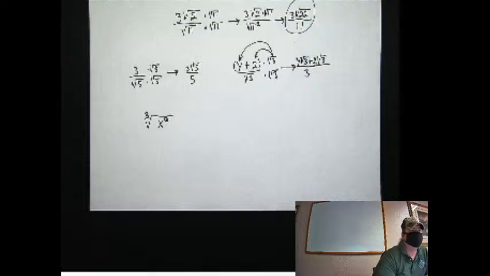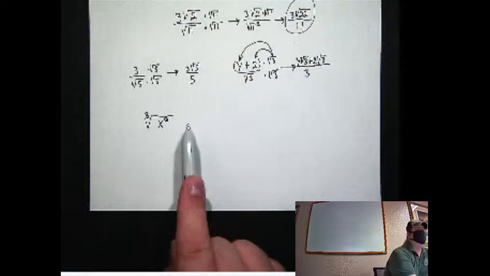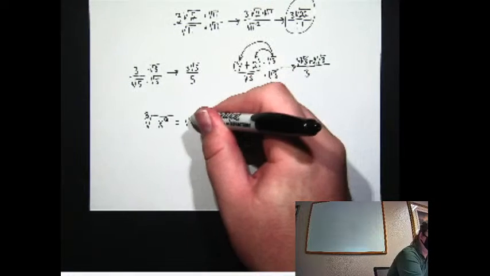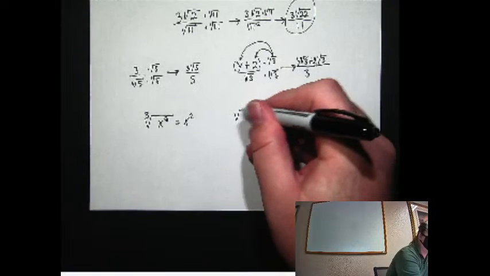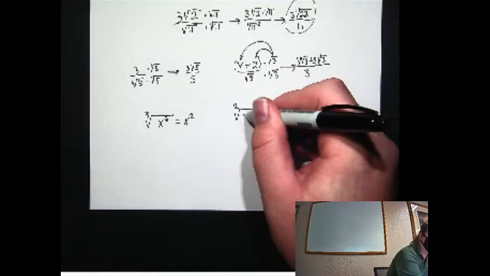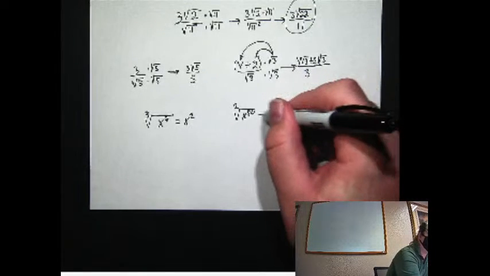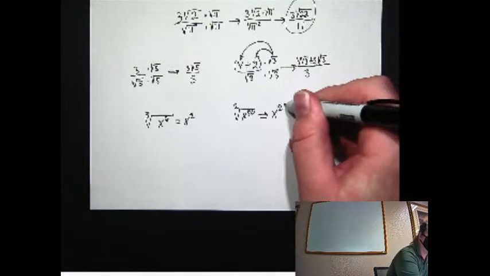Divide. Excellent. So we divide the power by the type of root, and that gives us the simplified version. So 6 divided by 3 is 2, so this is x squared. If we had the square root of x to the 50th, 50 divided by 2 gives us x to the 25th.